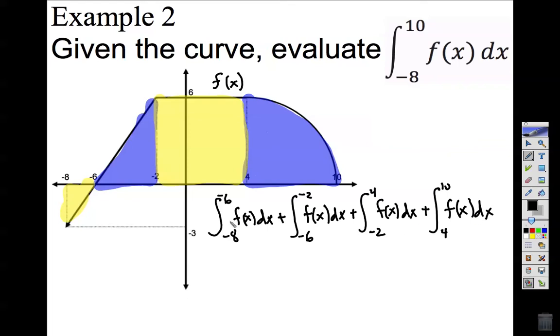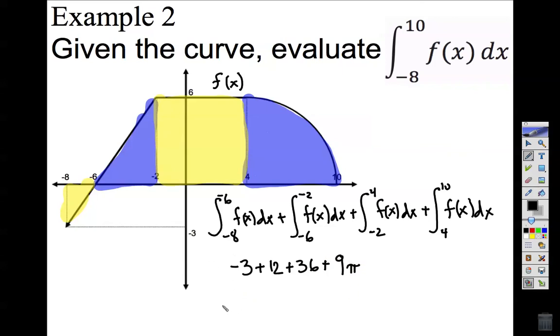Right, these four areas. This one we said was -3. This other area is 12. The square is 36. And this quarter circle is 9 pi.